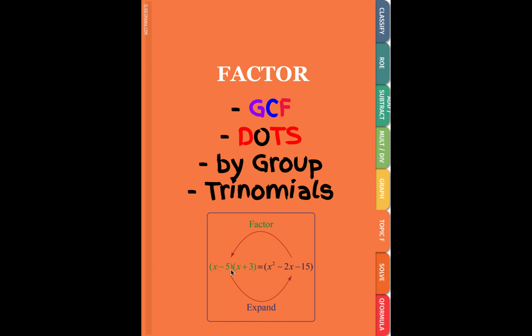That's how you can check your answers. Did I multiply? Did I get the correct answer? You just have to multiply it in. X times x is x squared, 5 times positive 3, that's negative 15. And then remember the smiling method to check the middle number. You can always review the previous video I made on the smiling method to check these answers.